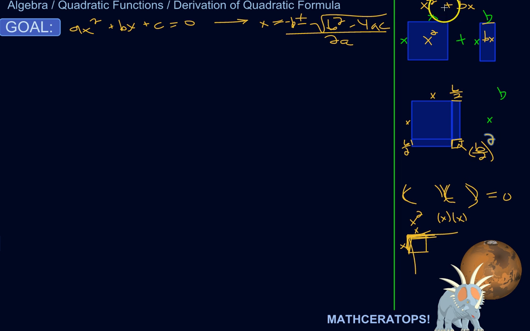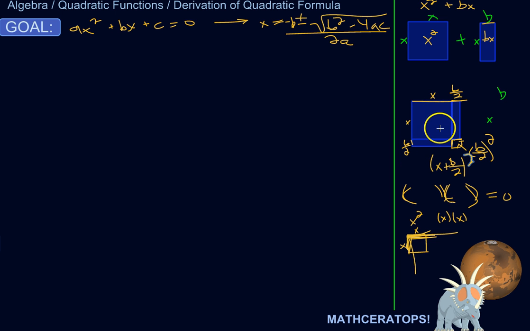In other words, if I tack on a b over 2 squared to this polynomial, I'll be able to factor it very easily. If I add that on, I'll be able to call this side length x plus b over 2, and the total area will be x plus b over 2 squared, right? x plus b over 2 times x plus b over 2.